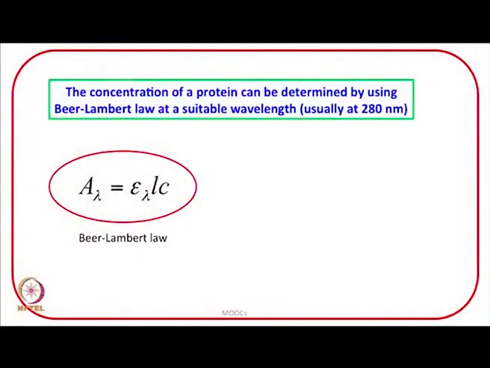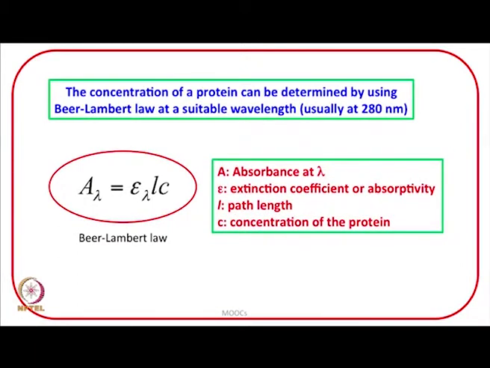Let us take a look at this slide. According to Beer-Lambert's law, A lambda is equal to epsilon lambda into L times C. What is the meaning of each term? A is absorbance at wavelength lambda, epsilon is extinction coefficient at that wavelength. It is also called absorptivity.